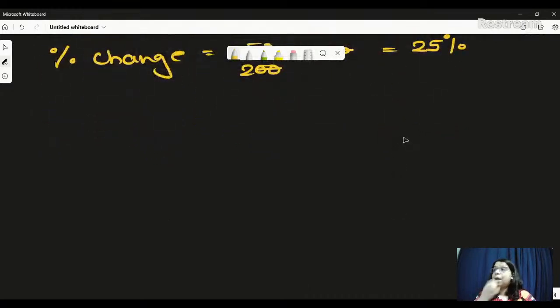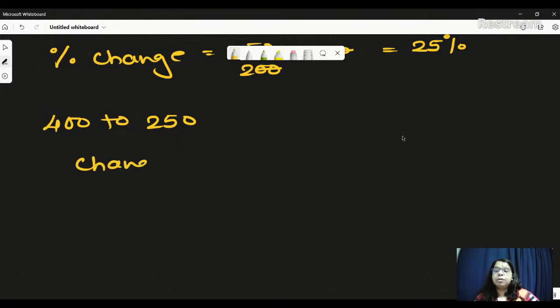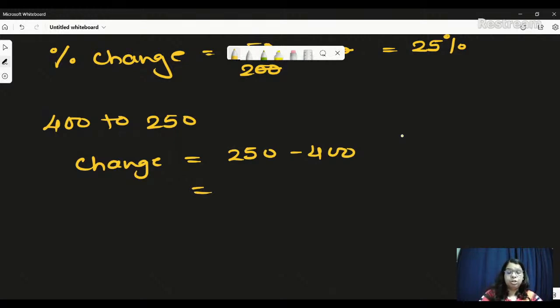Now let's see what happens if we go to decrease percentage. Let's say my value decreases from 400 to 250. What is my change here? My change is going to be 250 minus 400. The formula will still remain the same, final value minus original value. So it is going to be minus 150.